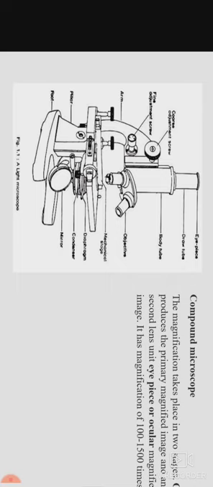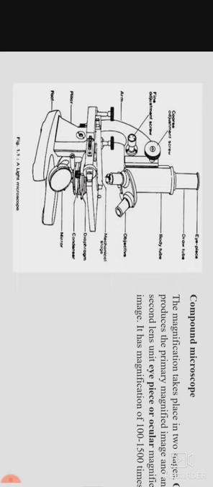The upper part of the arm holds the movable body tube. The other parts of the microscope are reflector, condenser lens, stage, objective lens, ocular lens that is also called eyepiece, and adjustment screws. There are 2 types of adjustment screws, coarse and fine.